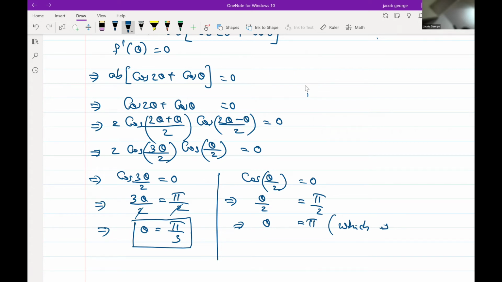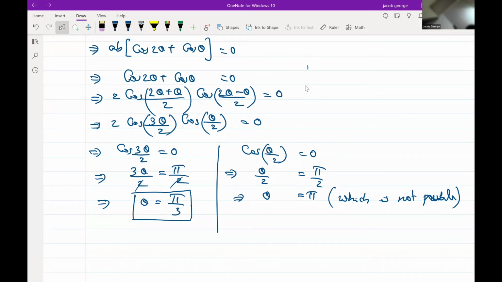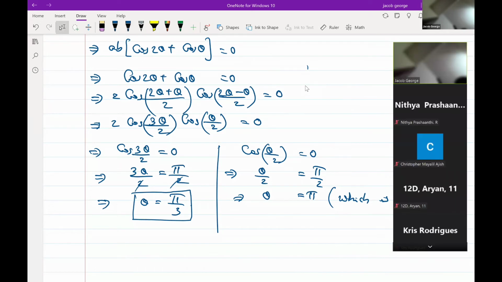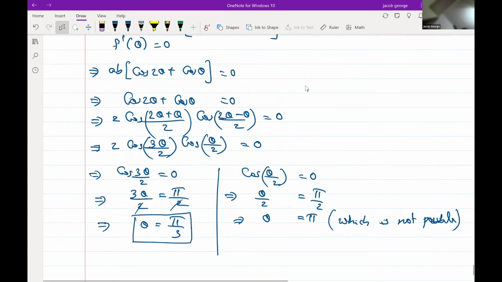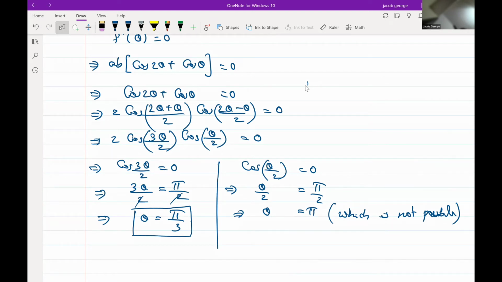As per our marking in the diagram, it is a semi-vertical angle, so which is not possible since theta being an acute angle. So this value is rejected in the step itself. We are not going to proceed with theta as pi. So there is only one value for theta, that is pi by 3. Okay, so all of you please complete till this step.